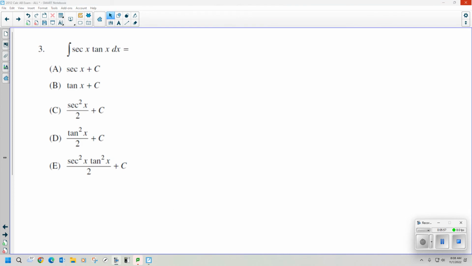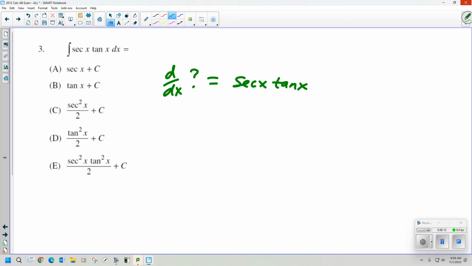Three is another basic question. I need to integrate secant x tan x dx. This is just testing you on your rules for derivatives. What am I taking the derivative of that would give me secant x tan x? Because remember, integrating something gives you the original.